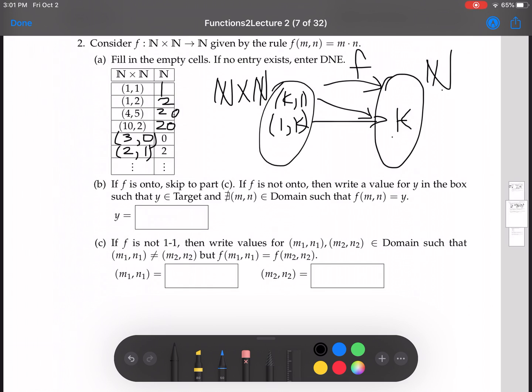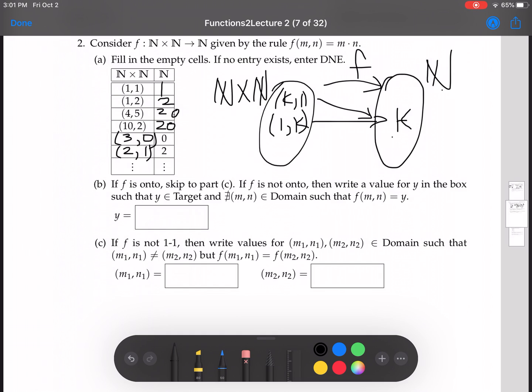If K is prime, then there's not going to be any more. But it doesn't matter how many there are. It's really just that all numbers in the target have something that comes over to them.